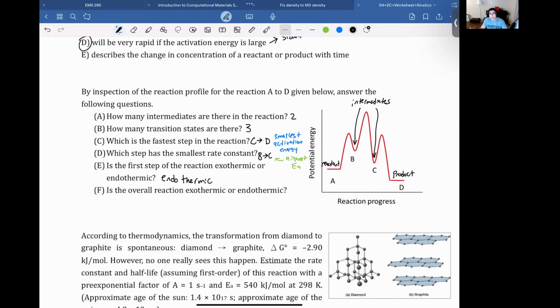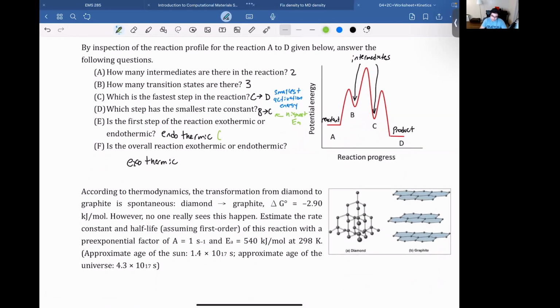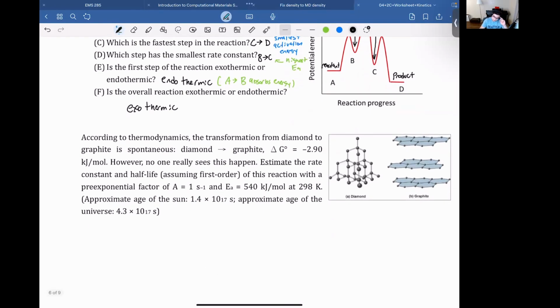The overall reaction, from reactant to product at the end, ends up being exothermic because the reactant is higher in potential energy than the product. So this is A to B, and A to B absorbs energy. And then overall, A to D releases energy. The potential energy is decreasing.